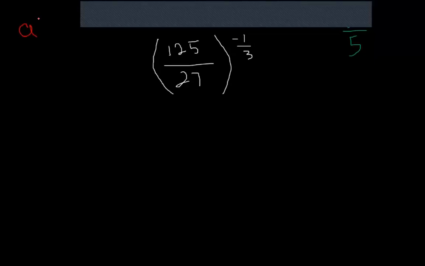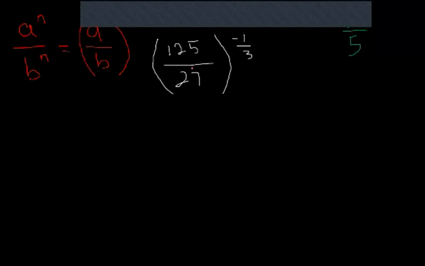So a to the power of n divided by b to the power of n. A and b just indicate that these are different. They have different bases, right? It's the same as a divided by b and this whole thing to the power of n.